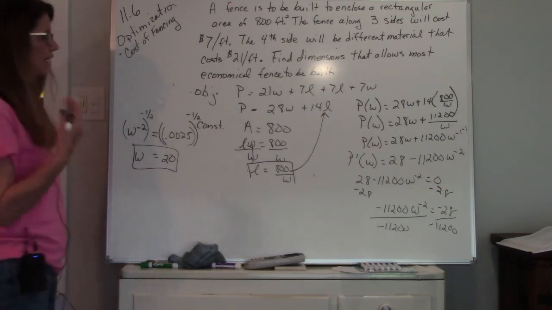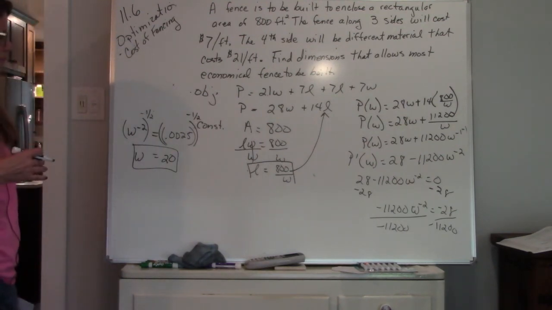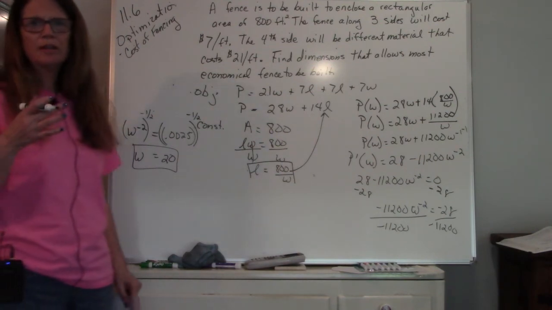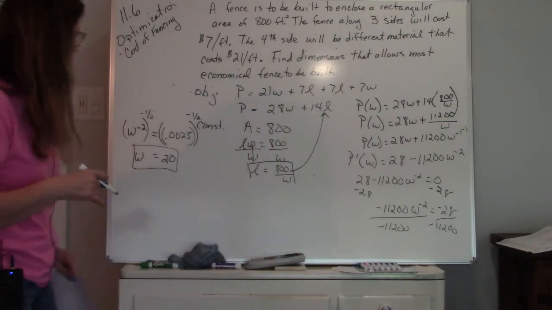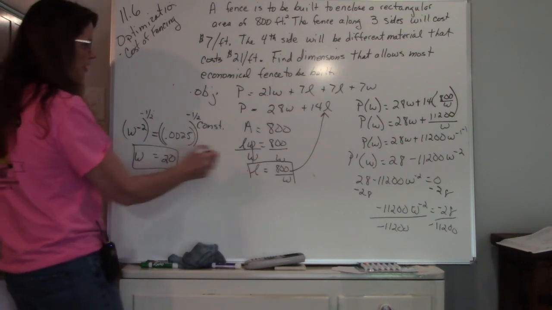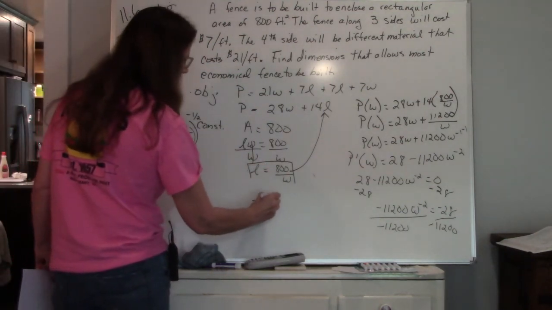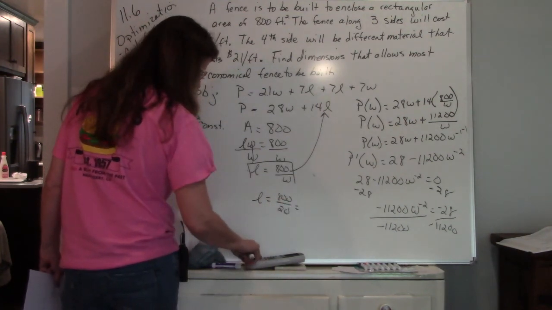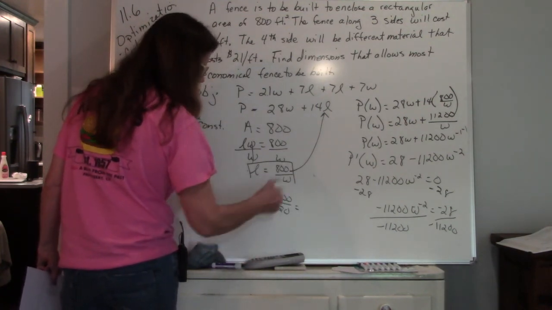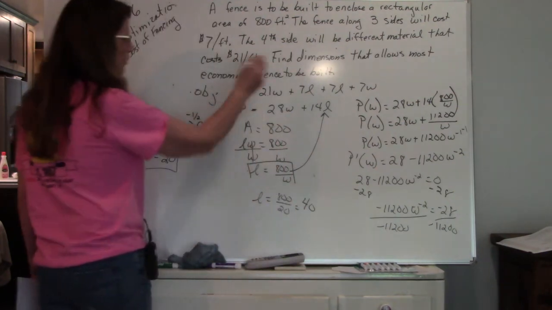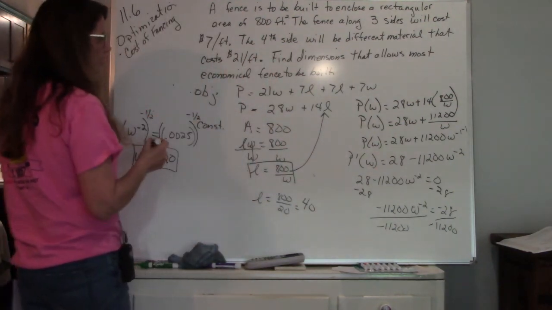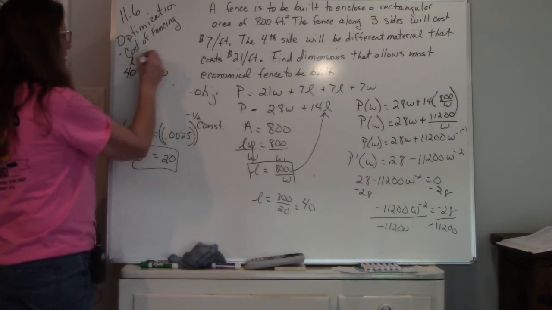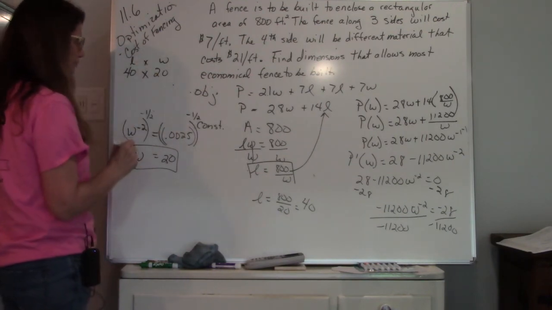All right, so now I can plug it back in. Don't really need the endpoints, because calculating the endpoints just gives me zeros on either end. So if I plug 20 into here, my length is 800 divided by 20, which is 40. So the dimensions that allow the most economical fence is 40 by 20. This is my length, this is my width.